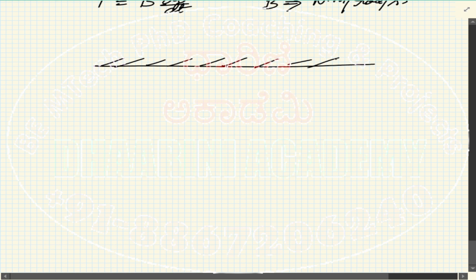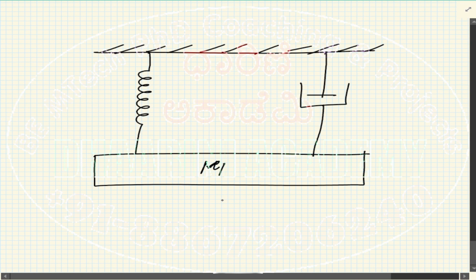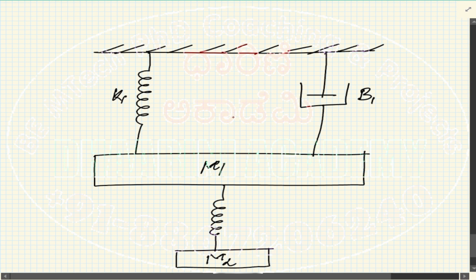the following system. Okay, so mass m1, m2, say this is spring k1, damper b1, and this is the force that is being applied, f of t.